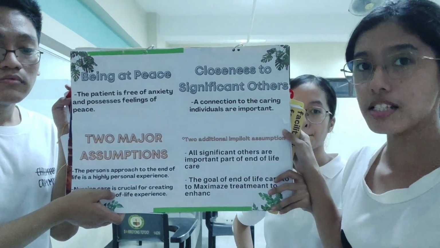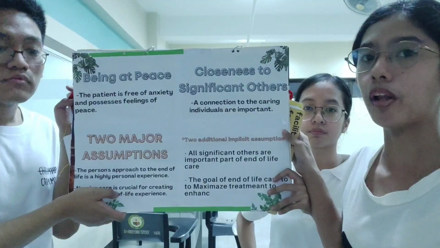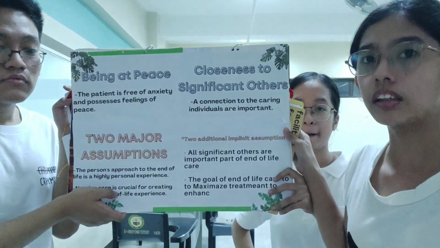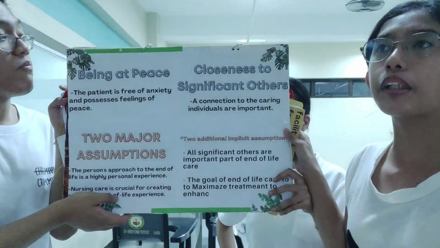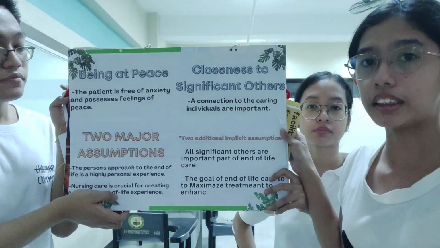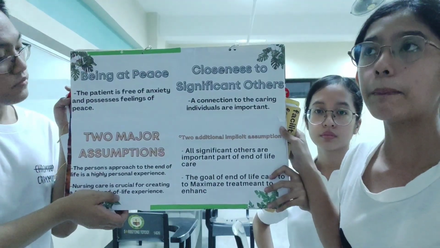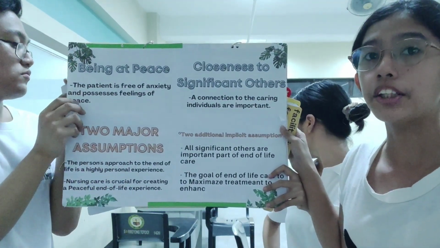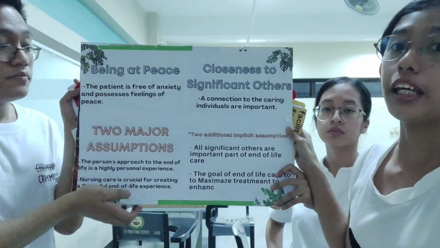It is expressed through warm and intimate relationships with other people. But why is it important for the patient to be close to significant others? It is important because a dying patient is very vulnerable. They must feel that they are not lonely in their final journey of life. That's why it is very important.